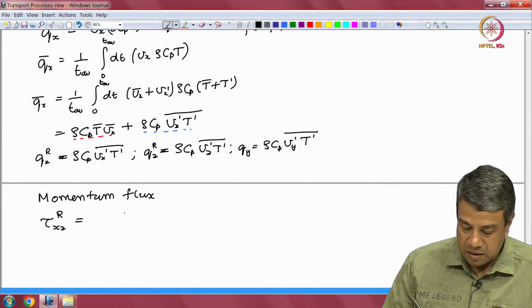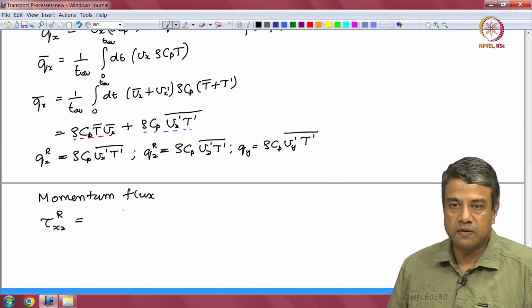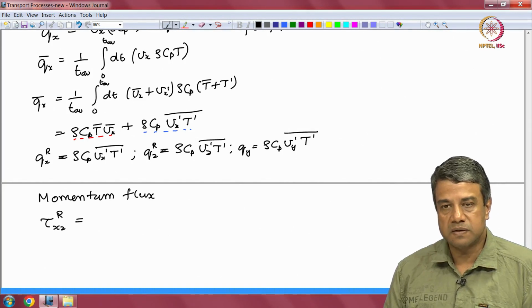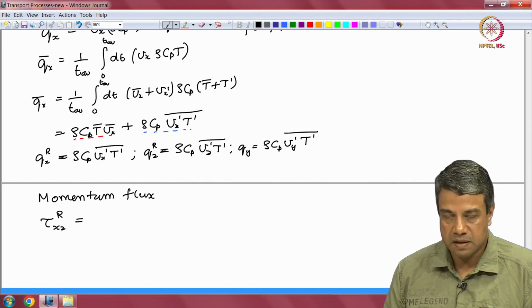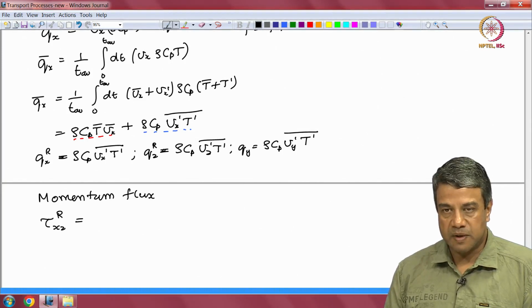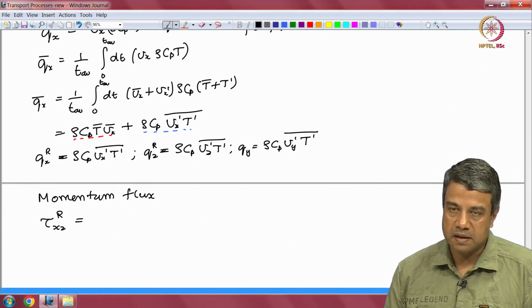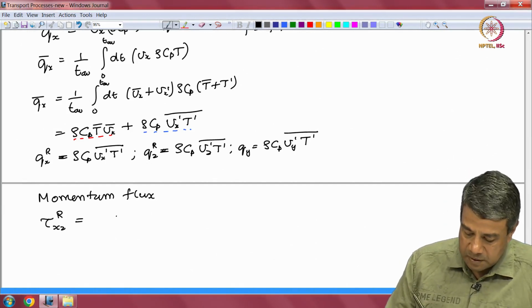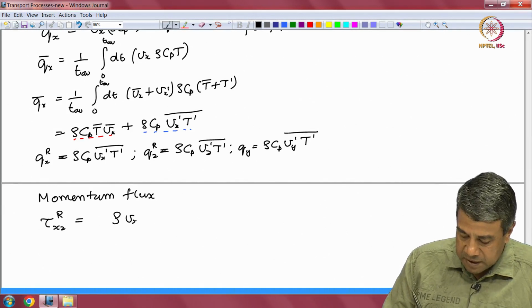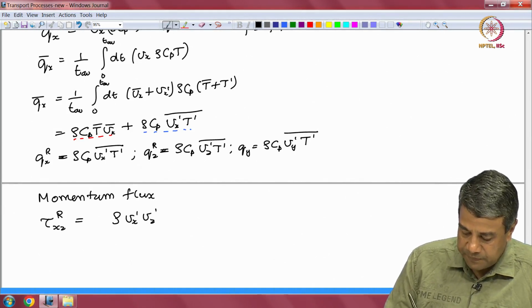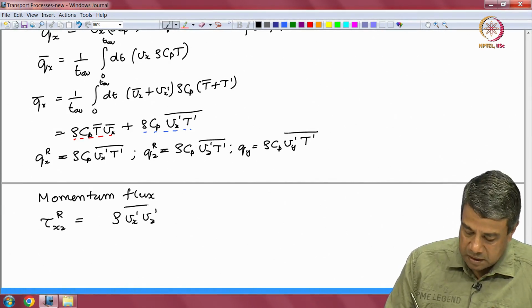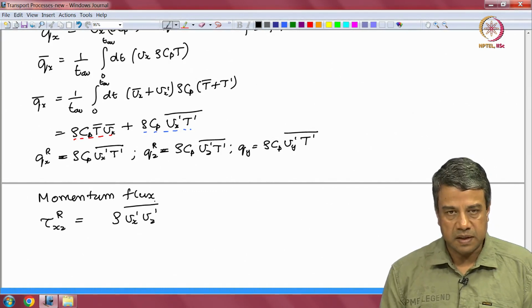So, this tau x z is the force in the x direction acting at a surface whose unit normal is in the z direction. So, it is the transport of x momentum in the z direction. Therefore, this is going to be the product of rho v x prime v z prime, the correlation in the two components of the velocity.